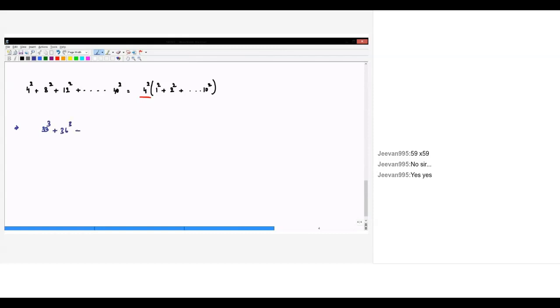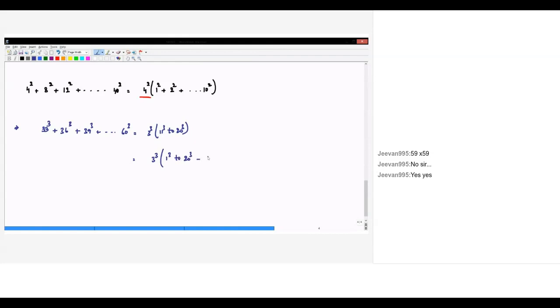33 cube plus 36 cube plus 39 cube and so on up to 60 cube. First you take common 3 cube. You'll get 11 cube to 20 cube. Then what you have to do is 3 cube means 27. You take 1 cube to 20 cube.